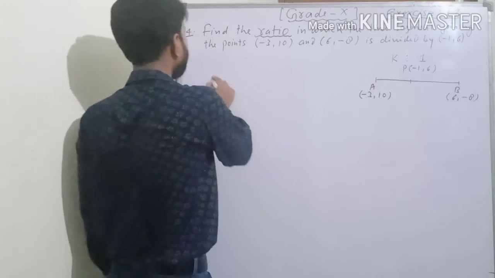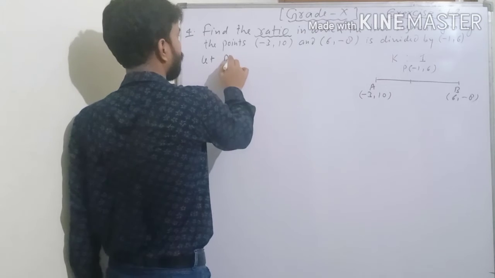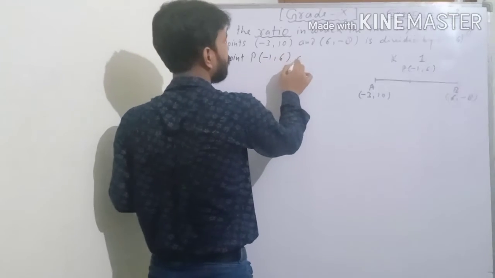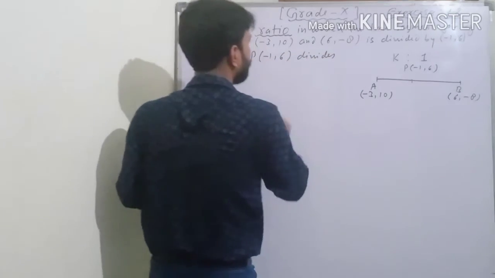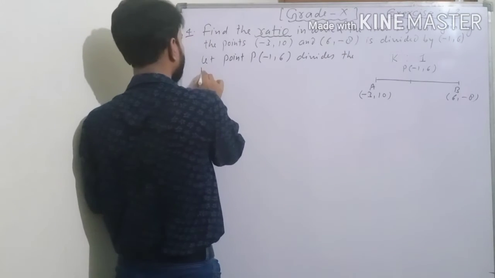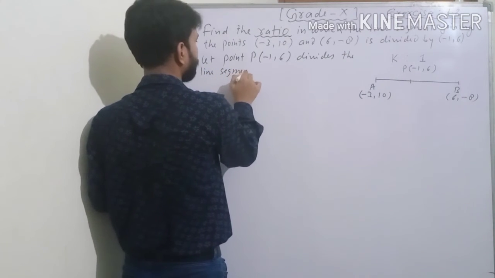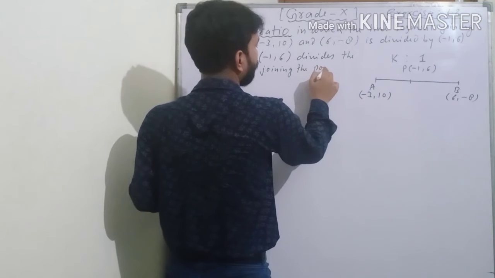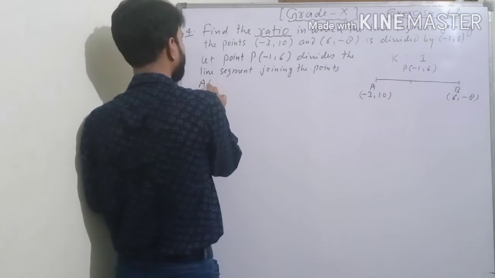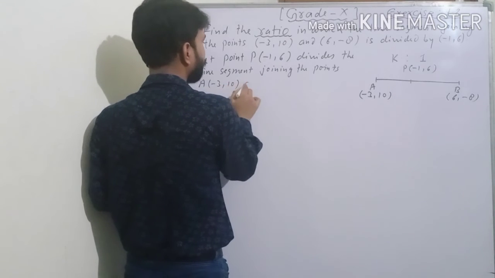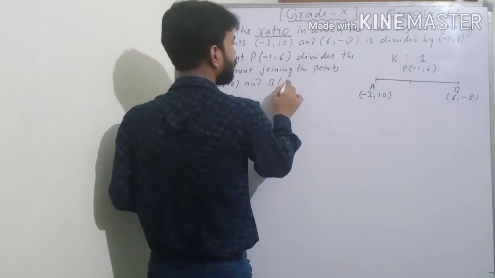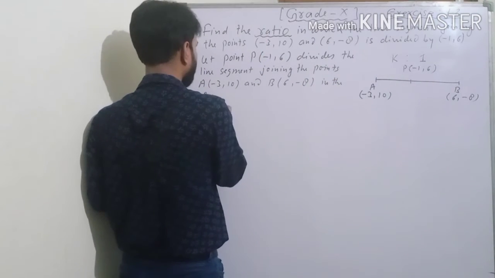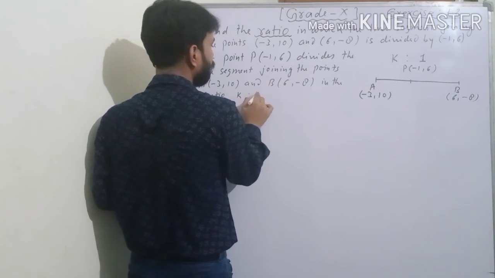So what we will write here, let point P whose coordinates are minus 1, 6 divides the line segment joining the points A, coordinates are minus 3, 10 and B, coordinates are 6, minus 8 in the ratio K is to 1.